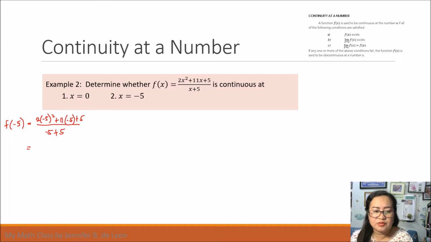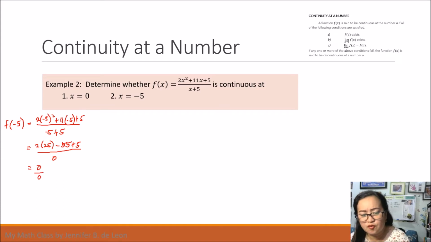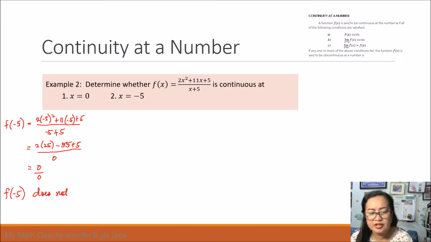To simplify this, this will be 2 times 25 minus 55 plus 5 all over 0. Now in the numerator, we also have 0. So this is an indeterminate form. Therefore, f of -5 does not exist.